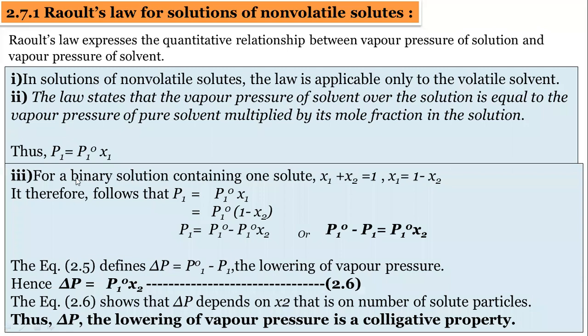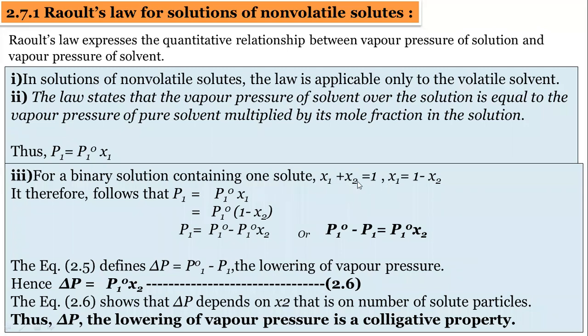Yesterday I explained what is meant by a binary solution: a solution containing two components. So again, we'll take a binary solution containing one solute. X1 plus X2 is equal to 1, and this is the mole fraction.